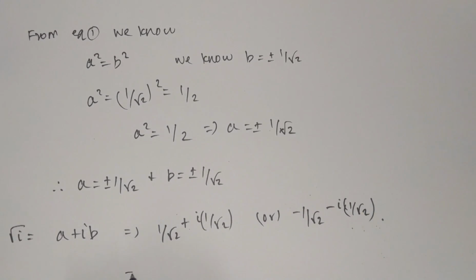So now further shortening it down, we can write it as plus or minus, inside the bracket we have to write 1 by root 2 plus i by root 2.